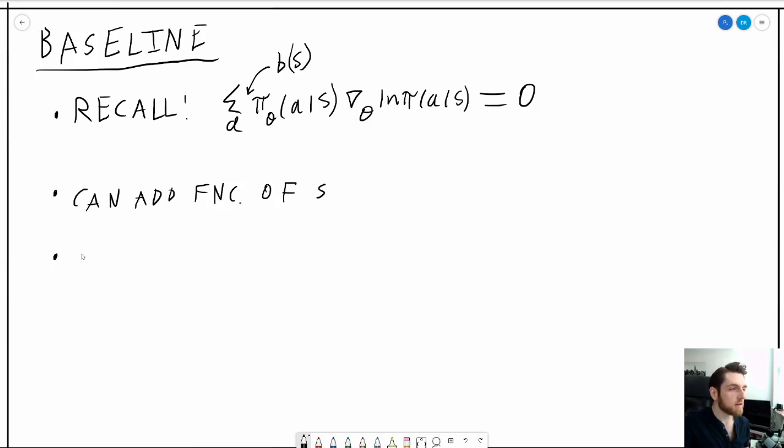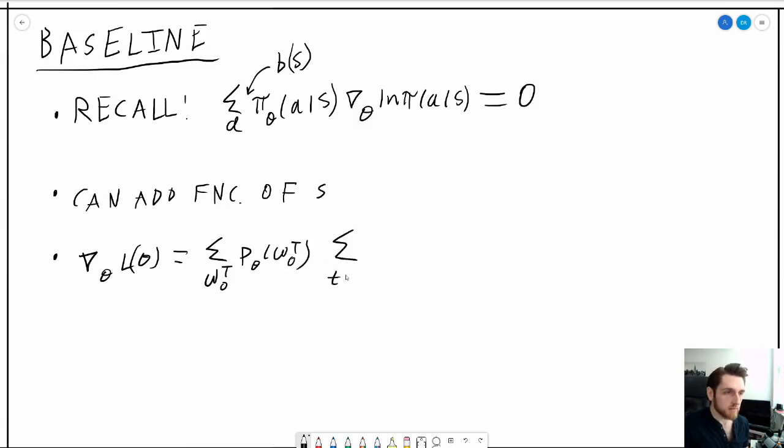So we do that, then we end up with the gradient of L theta is the sum over trajectories with the probability of each trajectory, sum over the time steps within that trajectory, the return in the future of that transition, minus the baseline that we're at.